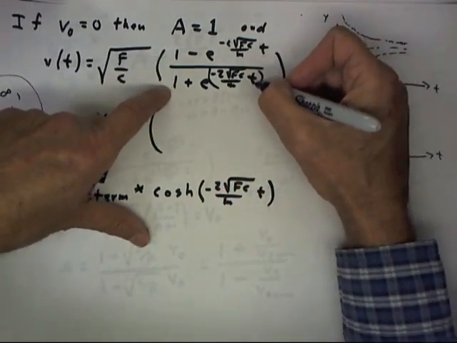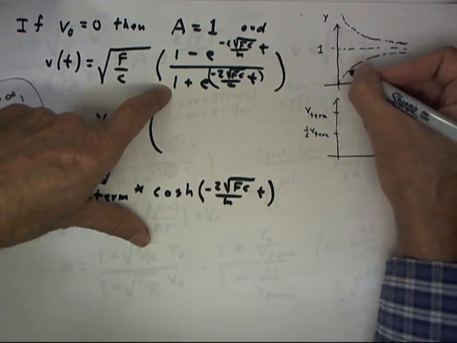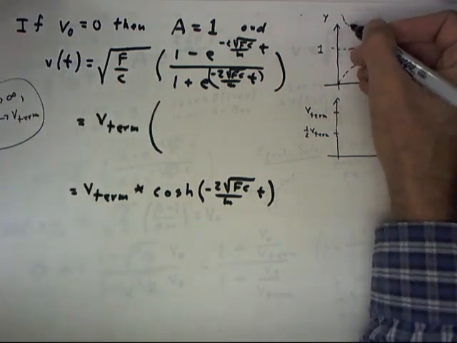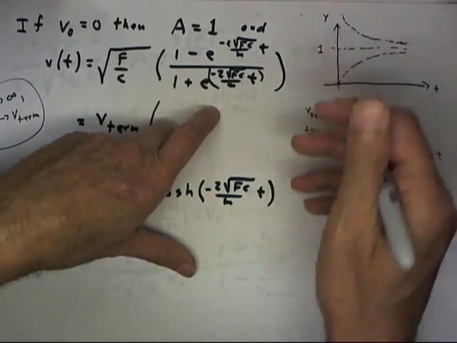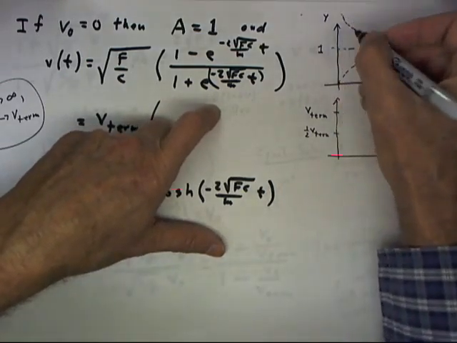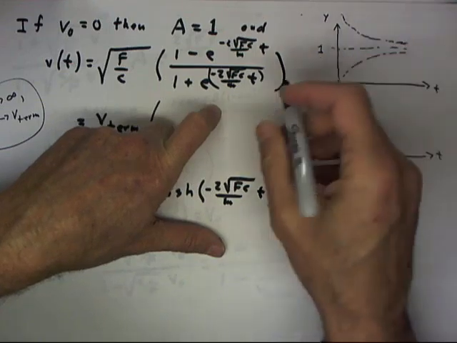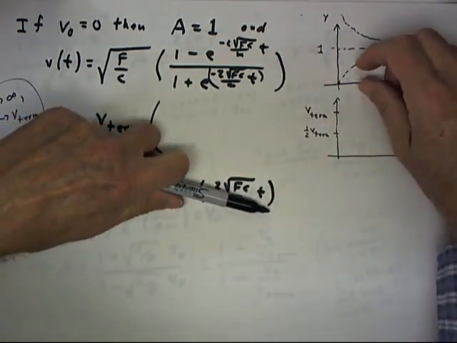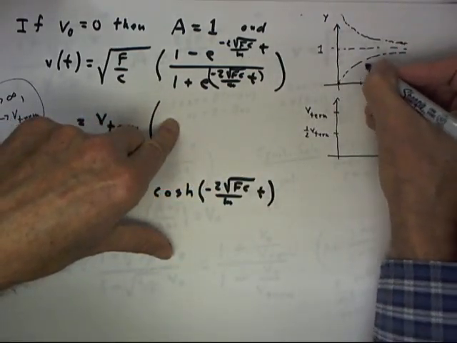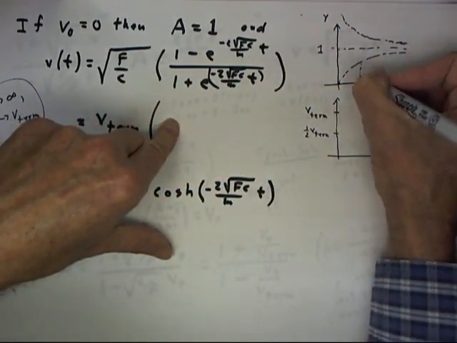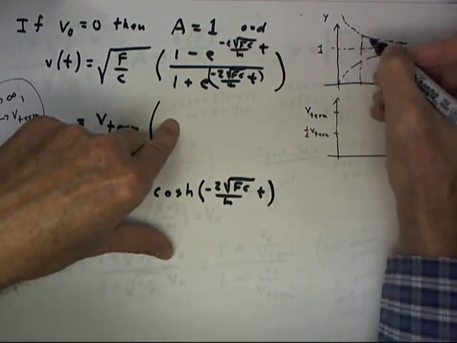So this expression is this function divided by this function. How do we get a graph of one function divided by another? If we have the graphs of the two functions, we can construct this graph, at least approximately. Right around here, I'll note that the value of this function is about half the value of this function.